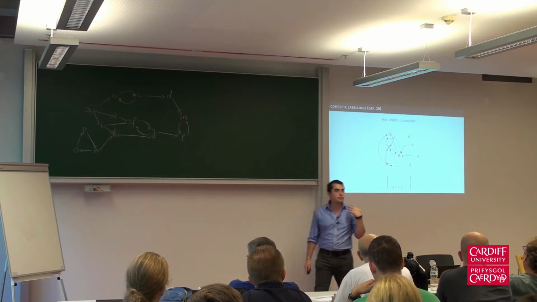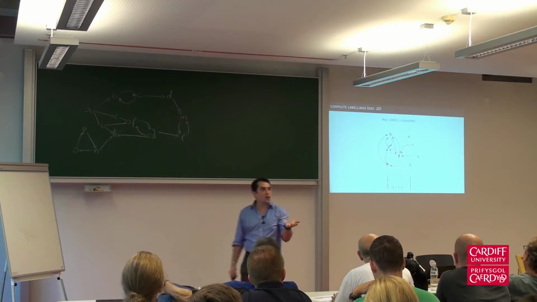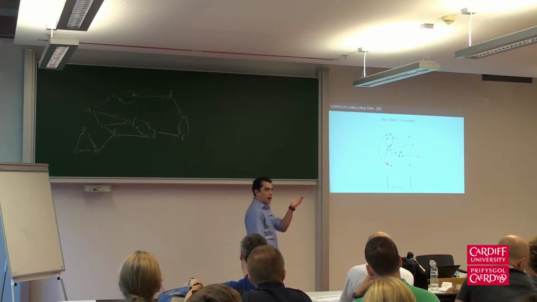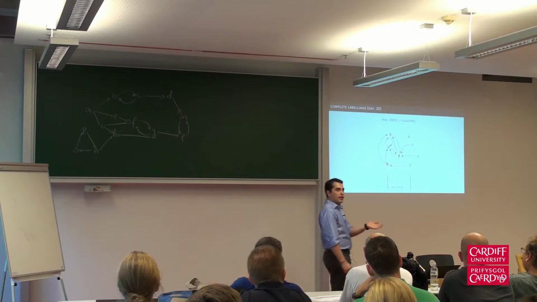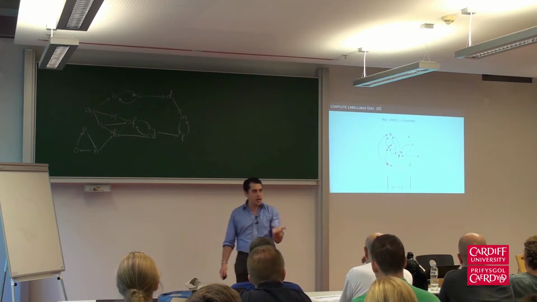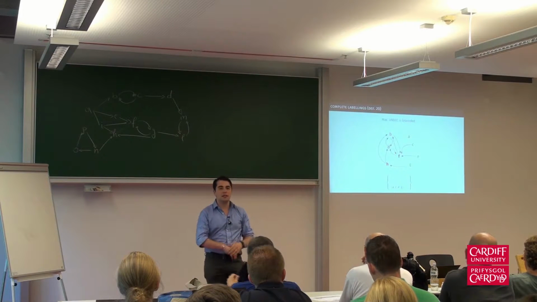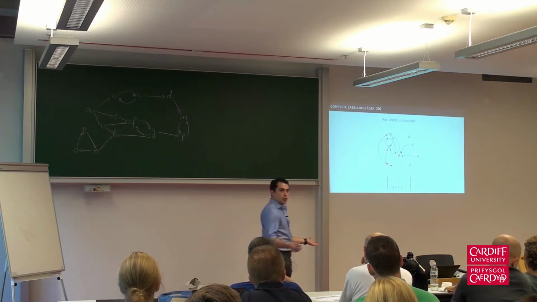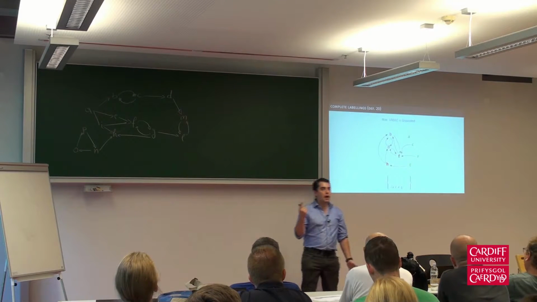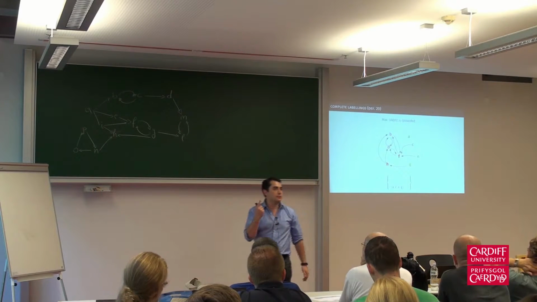And the conditions are pretty straightforward. An argument is in if and only if all its attackers are out. An argument is out if at least one of its attackers is in, and otherwise is undecided. So in, all the attackers are out. Out, at least one attacker is in.